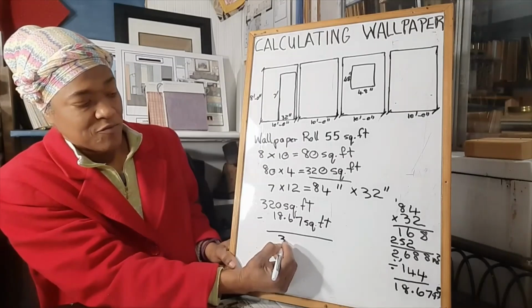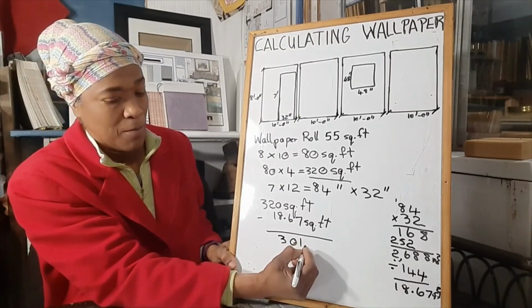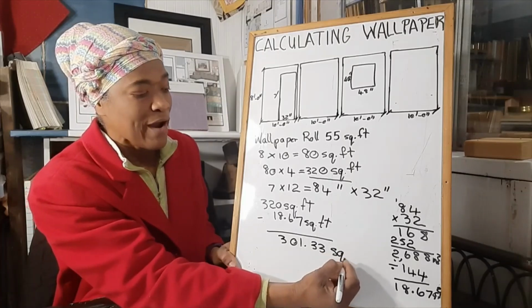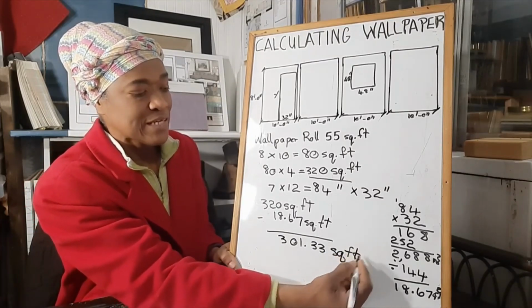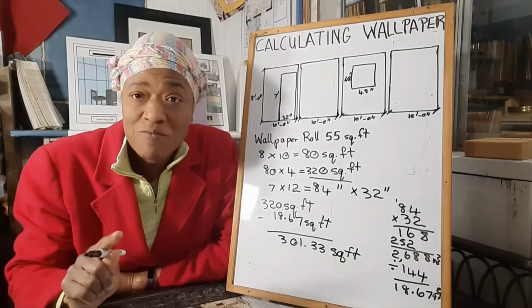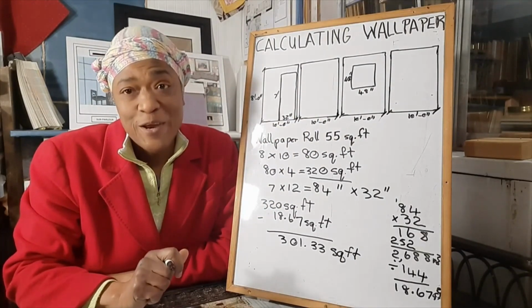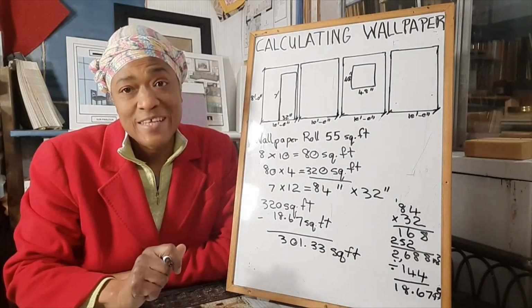So we have 301.33 square feet left. However, we have a window that's 48 inches by 48 inches.